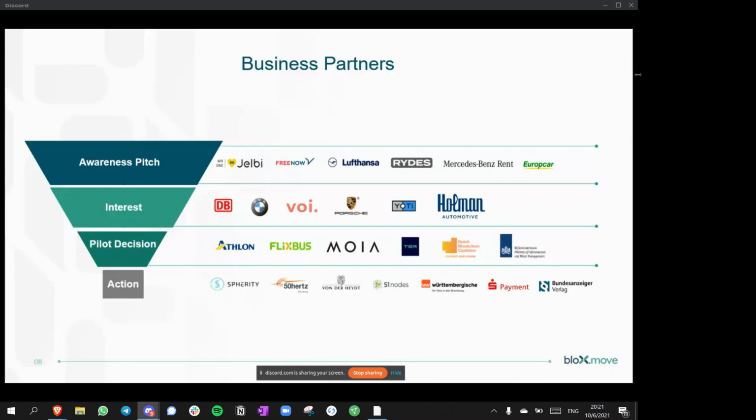We are able to connect with different partners, as can be shown here. Most of them at the first level, let's say at the action level, are of course crypto developers and people that are trying to build platforms as we are doing, but we also have some pilots already in discussion with really important mobility providers such as Flixbus, a really well-known bus service company in Germany, Athlon mainly for leasing, and BMW, Porsche, and so on and so on, and many others in, let's say, local mobility or electric scooters, bicycles, and these kinds of things.